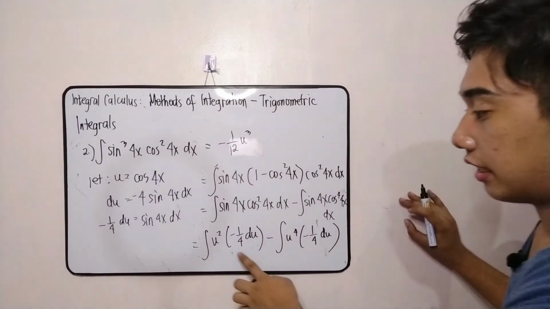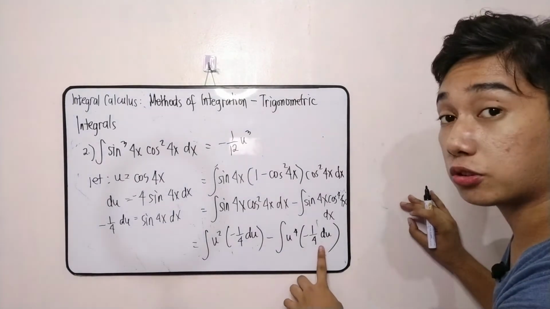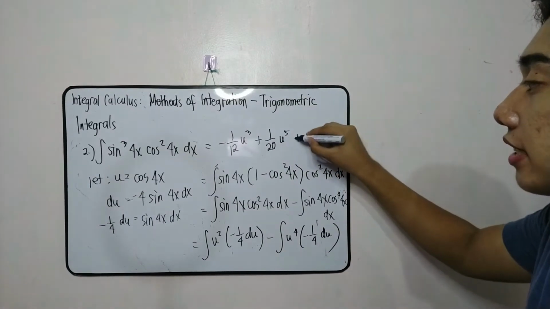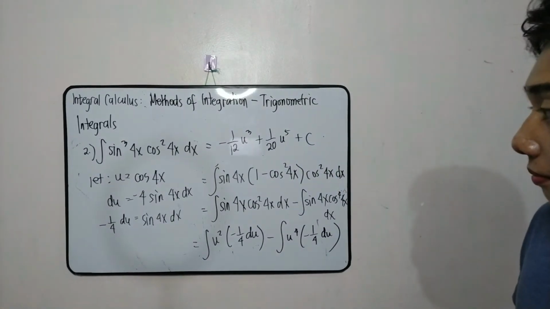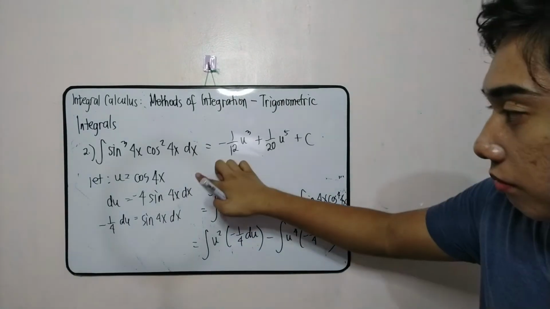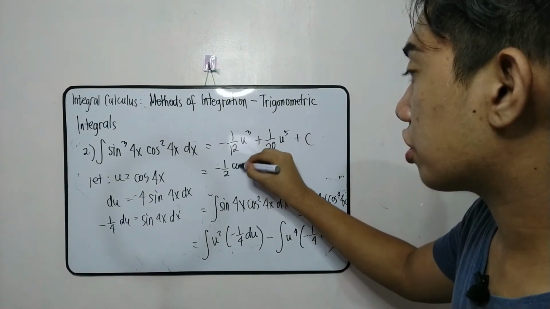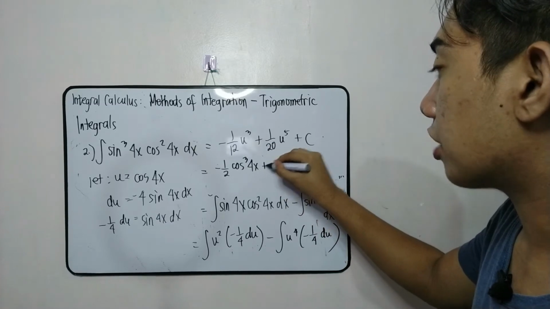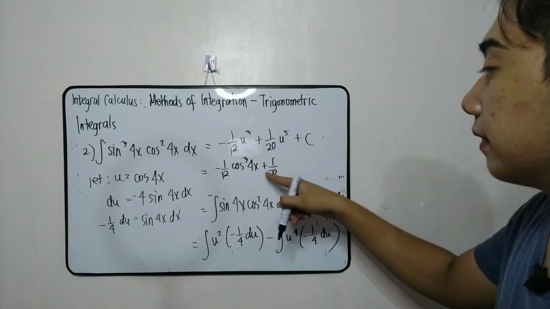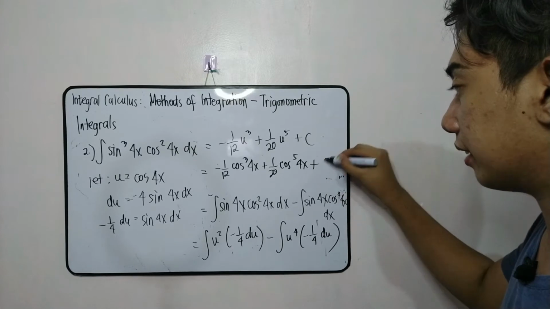Then, if we integrate this one, this becomes 1/5 u raised to 5, and if we multiply it to the constant, this becomes plus 1/20 u raised to 5 plus c. Then, we plug in our u. So, this becomes negative 1/12 cosine cubed 4x, then plus 1/20 cosine raised to 5 of 4x plus c.